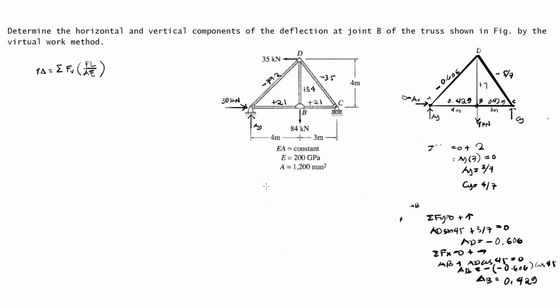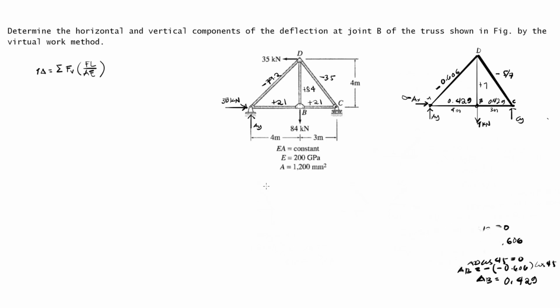Hindi natin murahin ito para malinis yung ating solution. Okay? So, gamitin na natin yung formula. So, gusto natin kunin kasi vertical unit ito nilagay natin. So, 1 times delta vertical deflection at point B. Okay?